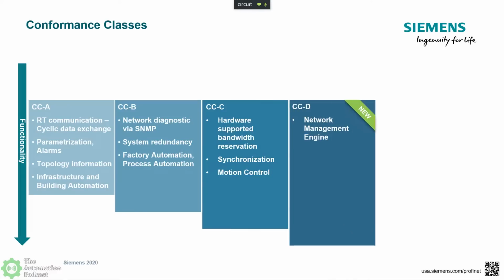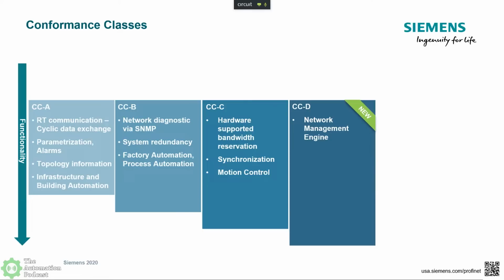So a newly defined conformance class, which is called conformance class D, is mentioned with version 2.4 of the PROFINET standard, and it's actually in addition for PROFINET over TSN.